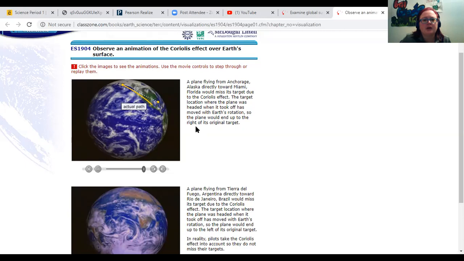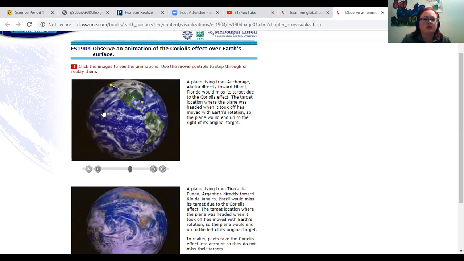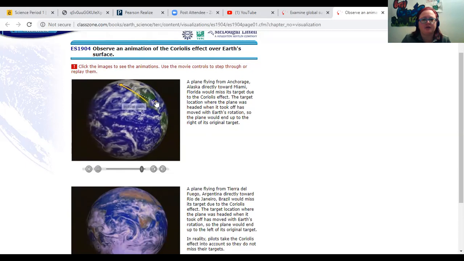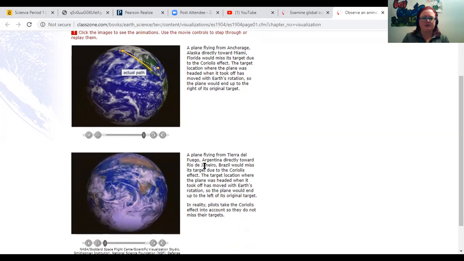So the plane would end up to the right of its original target, in the ocean, if it took a straight path. Normally when planes fly, they don't take a straight path. They fly in different angles.